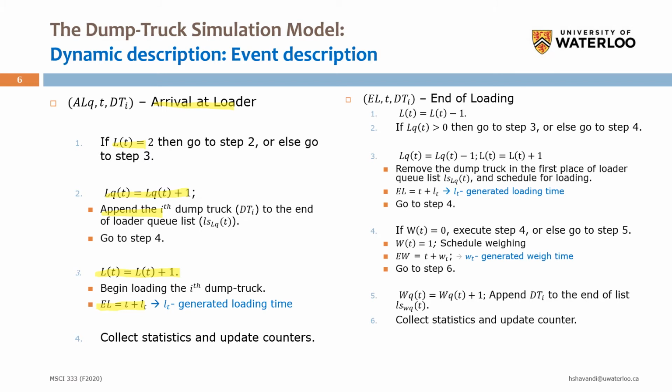So here, let me show you. Actually, we have the loading station, right? And then we have a scale. Okay, so when a departure occurs from the loading station, we need to check if there are some dump trucks waiting in the line for loading.